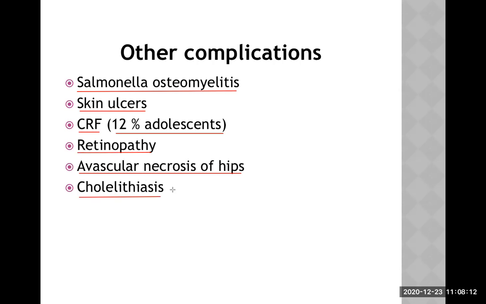This is a pigmented type of stone, and this pigmented stone is contributed by bilirubin. Now, remember, this is a hemolytic anemia. So bilirubin will be formed excessively, unconjugated bilirubin, and that is causing this pigment type of stone. So these are the important questions for you in the exam. Okay, let's move on.